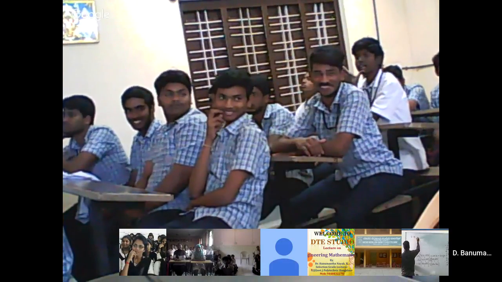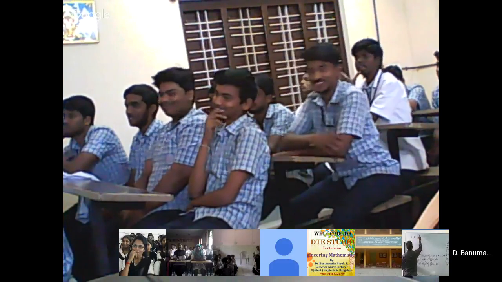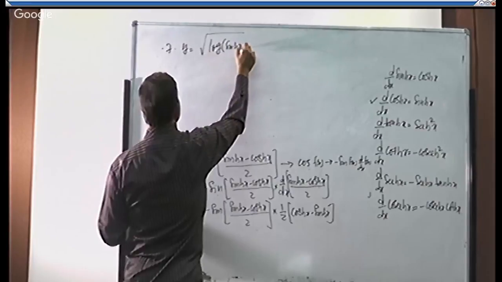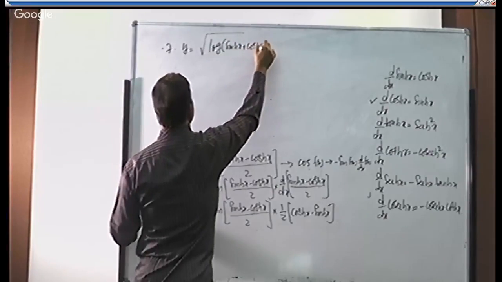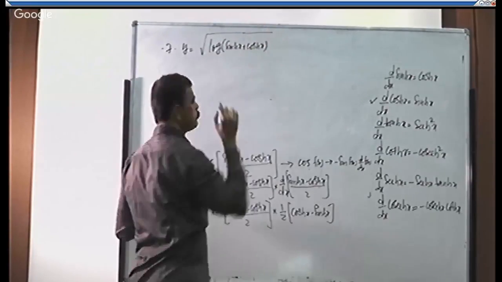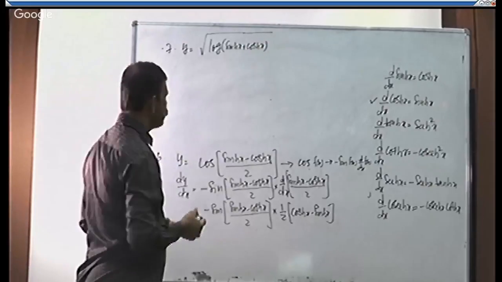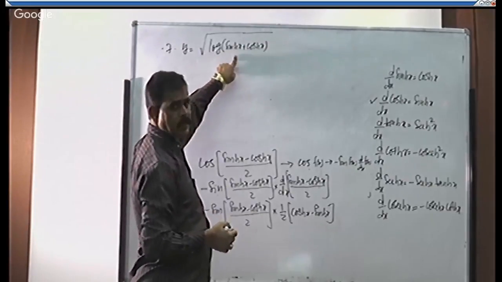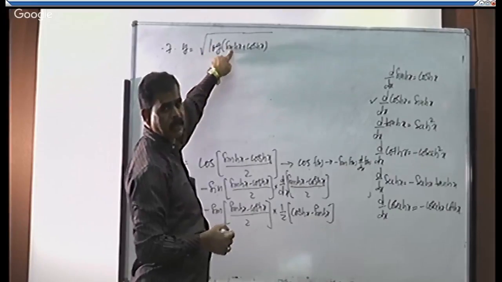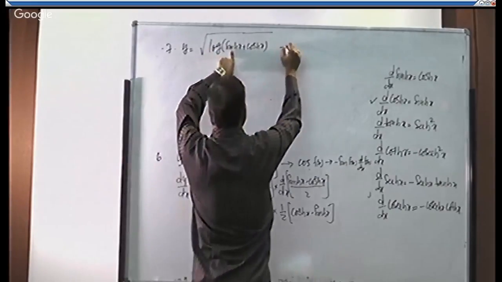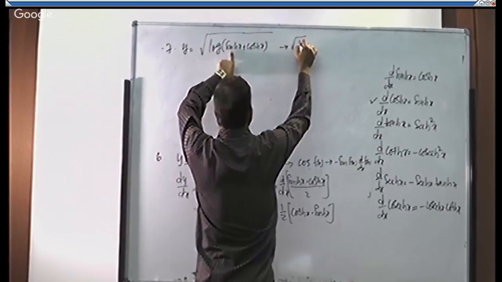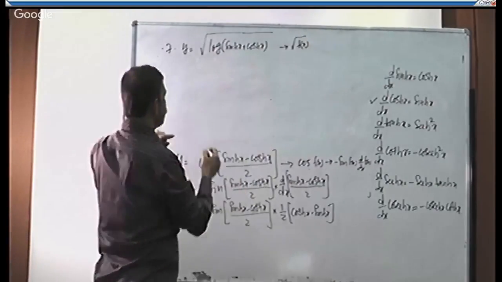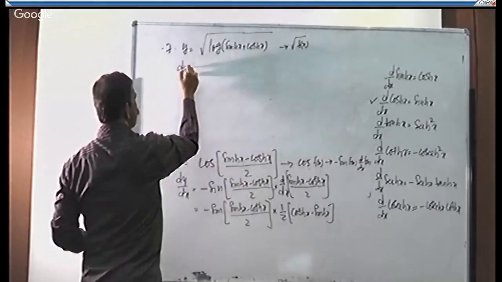Y is equal to root of log of (sin hx plus cos hx). So this is root of function into log of function. Root of log of function, correct? This is read as root of function. What is derivative of root function?